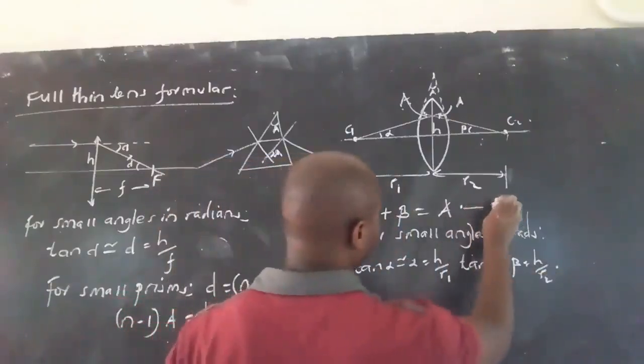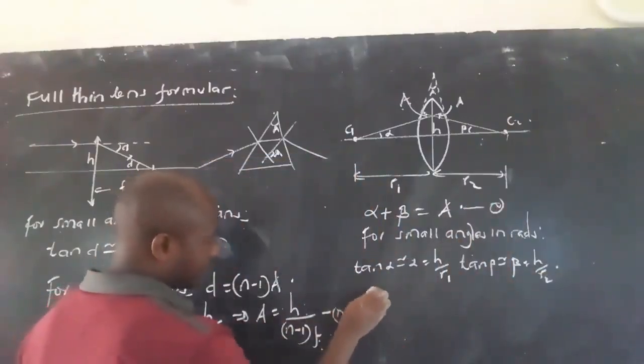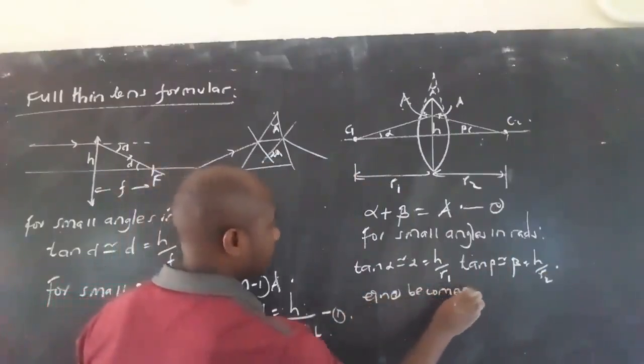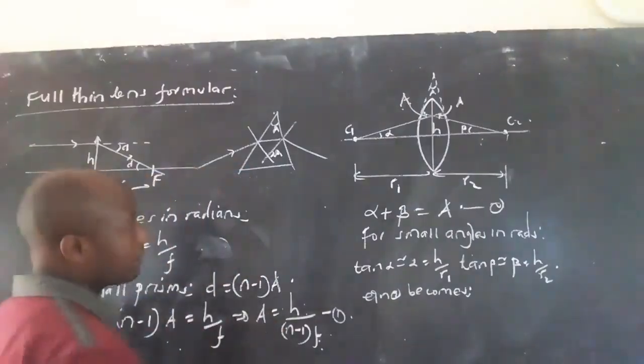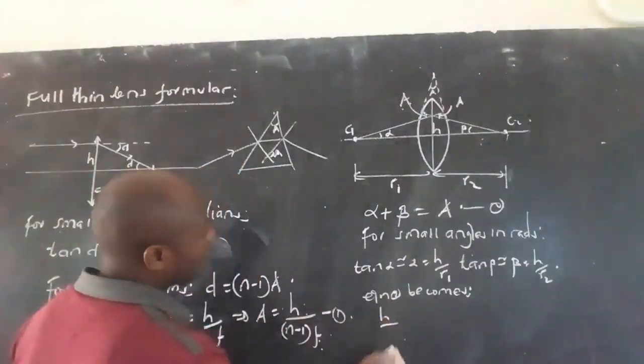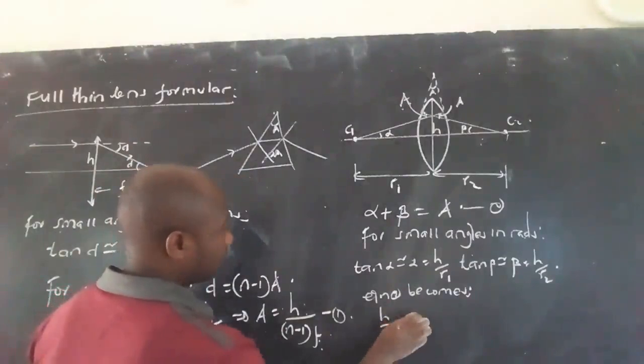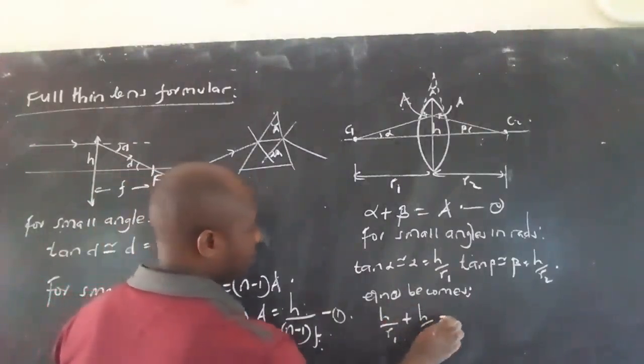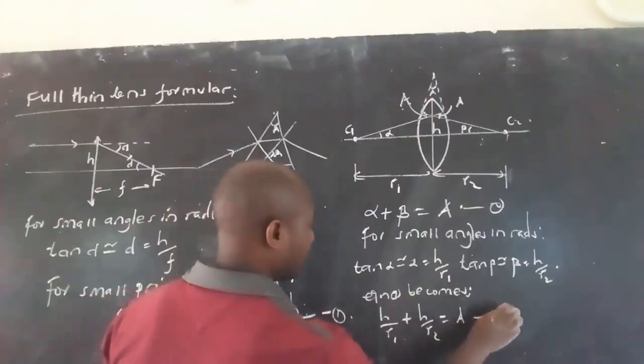This is equation 2. Okay, so equation 2 becomes h over r1 plus h over r2 is equal to, that's equation 3.